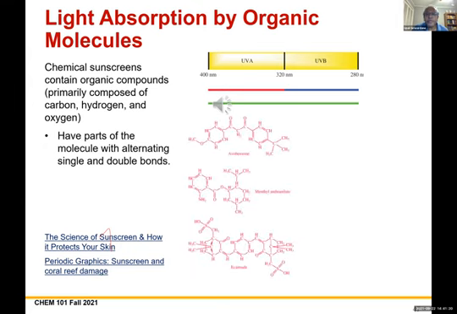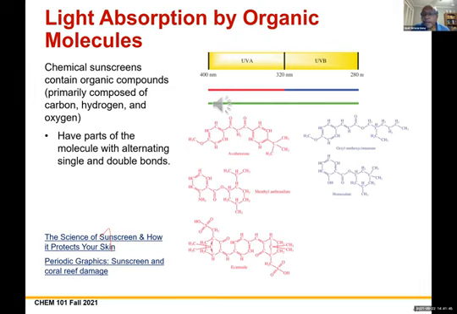So these compounds are in sunscreen. They have alternating double bonds. They absorb UVA. UVA is the main thing that we have to stop from the sun's radiation. The other part is UVB.